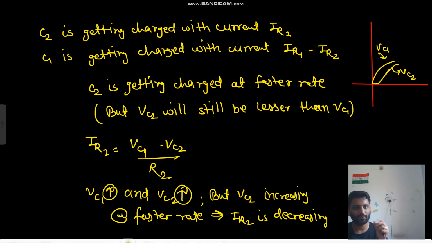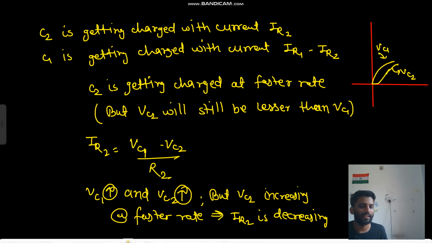Okay, so now VC2 is trying to reach till VC1. Your VC2 is trying to follow VC1. It is still lesser than VC1, but it is increasing at a higher rate now. So your IR2 is going down. There will be no point where your IR1 will be equals to IR2.